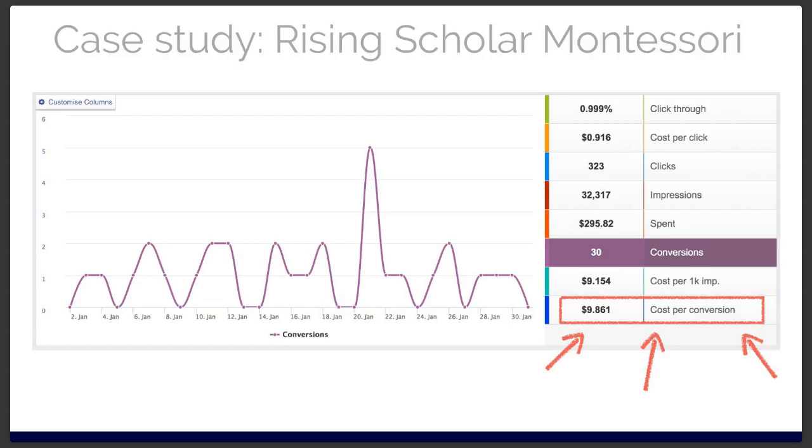So with this campaign, we were generating a cost per conversion, so again, a cost per tour request, of $9.86. And that is a very, very good result. And that's on average. So what we do is we run many, many different ads. We'll run up to 50 different ads at a time. Each one has a different headline and a different video in the ad and different copywriting, different call to action.